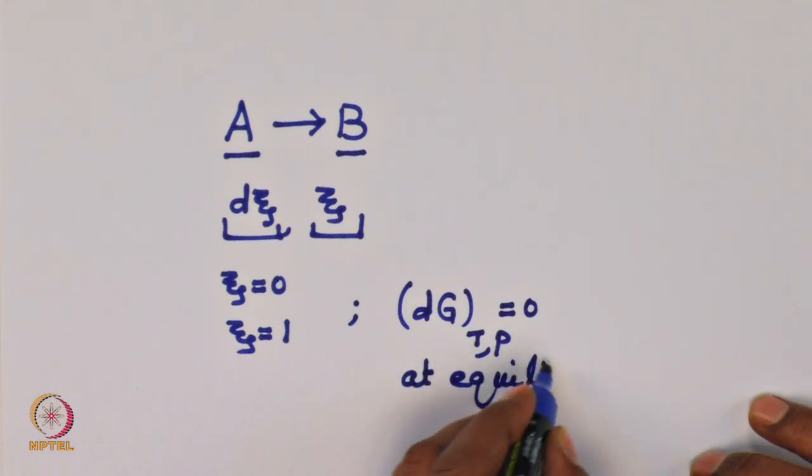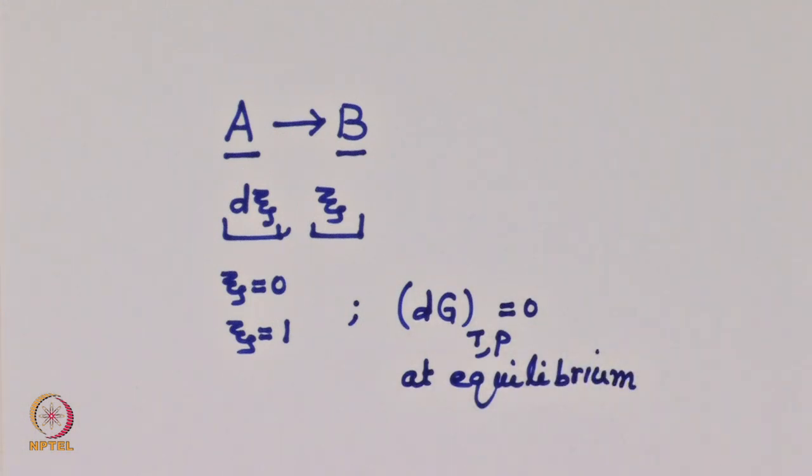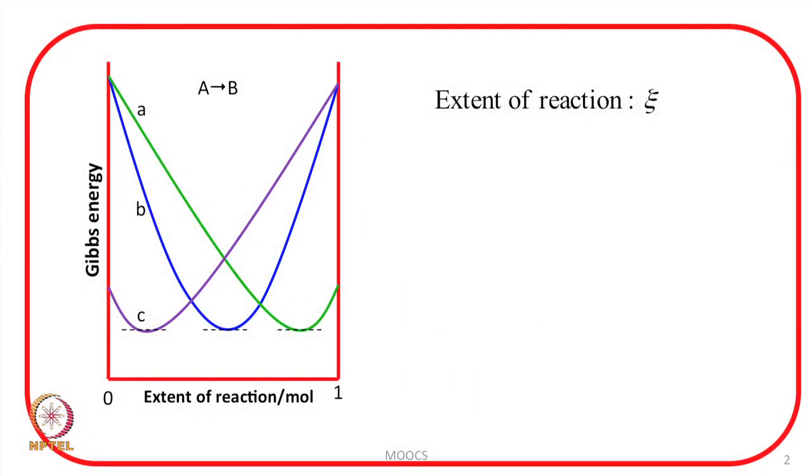We have discussed it many times. That means, when you plot G against something, the derivative should be equal to 0. So, the point in the figure where the slope is 0, that is the position of equilibrium.